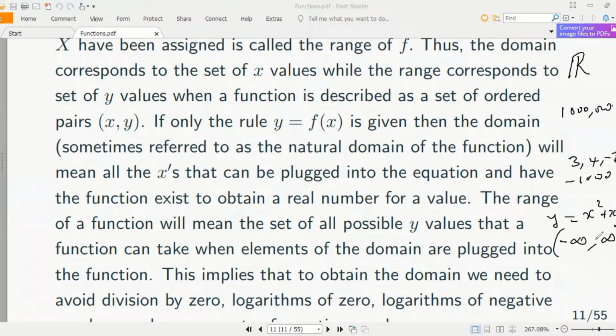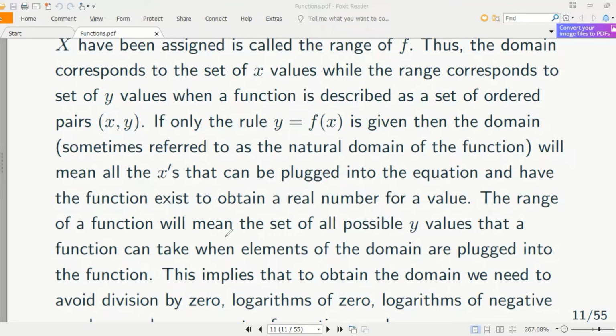But all the numbers in between will form the domain. All the x's that can be plugged into the function and have the function exist to obtain a real number for y form the domain.